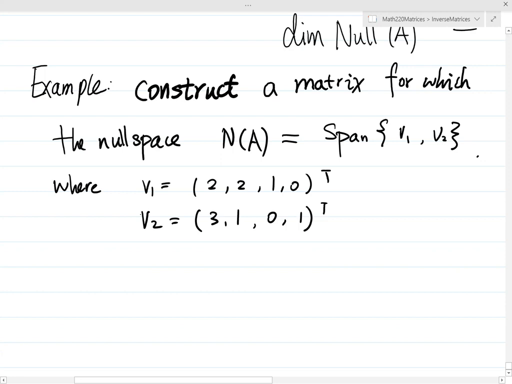Now we need a matrix such that A multiplied by V1 is 0, and A multiplied by V2 is 0. So V1 and V2 are column vectors.